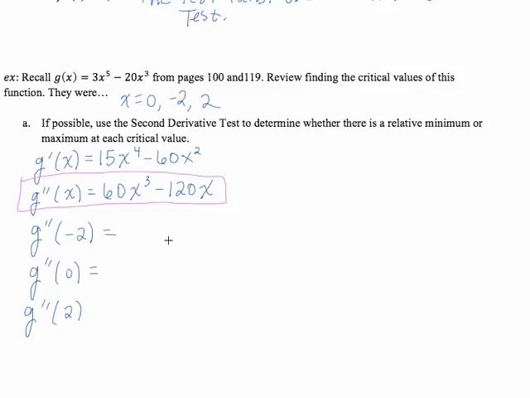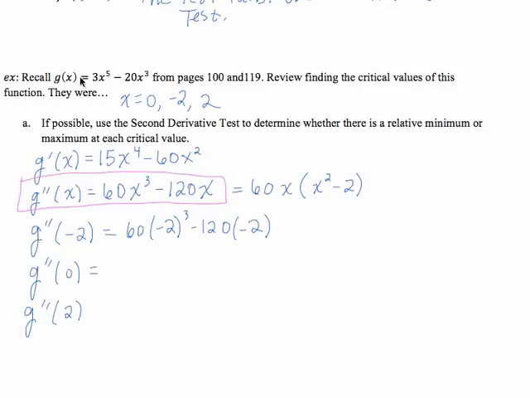If I plug in negative 2 there, we get 60 times negative 2 cubed minus 120 times negative 2. This would actually be much easier to do without a calculator if we factor. So let's factor out a 60x. That would leave us with x squared minus 2.